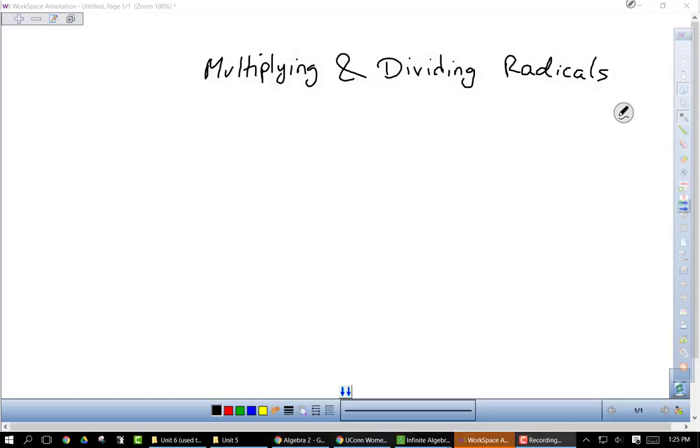So multiplying radicals, we need to know a couple different properties. If I have the square root of A times the square root of B, I actually get the square root of A times B. You'll notice that these are all square roots, so the root is a 2.